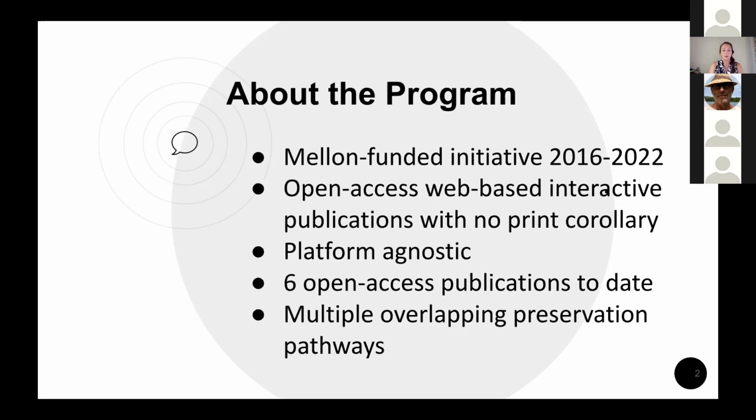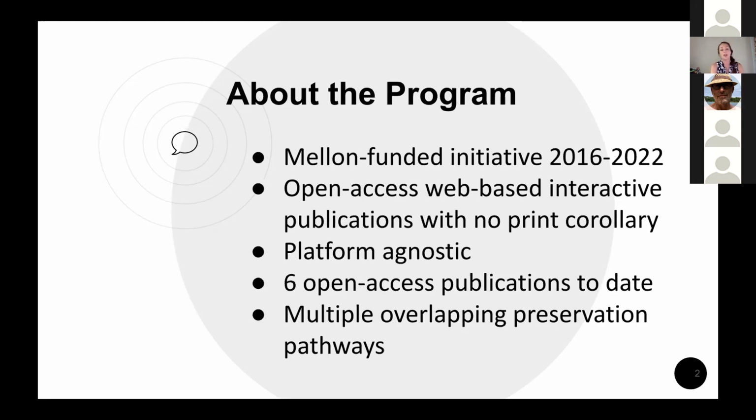We have so far 6 open access publications to date. They range from custom built platforms to, in 3 cases, the Scalar platform, which was developed by University of Southern California's ANVC program. A lot of digital scholars are working in that platform right now.